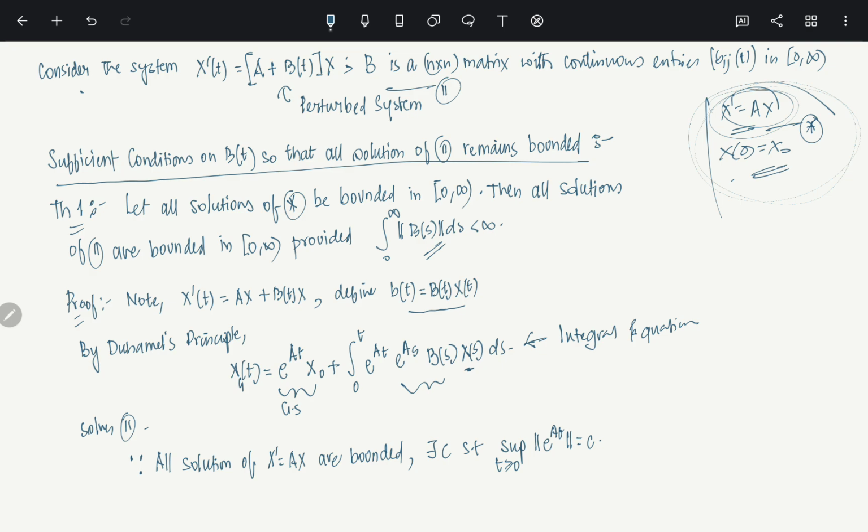It has to be, right? See, if they are bounded, x naught doesn't matter. X naught can pass through any point. It's basically an arbitrary number. I can change it to x naught plus delta x naught, doesn't matter. The only thing which provides the boundedness is what happens to the exponential matrix. Definitely, if all solutions are bounded, the supremum of e to the power At for t greater than or equal to 0 has to be some constant C, otherwise they are not going to be bounded, right?